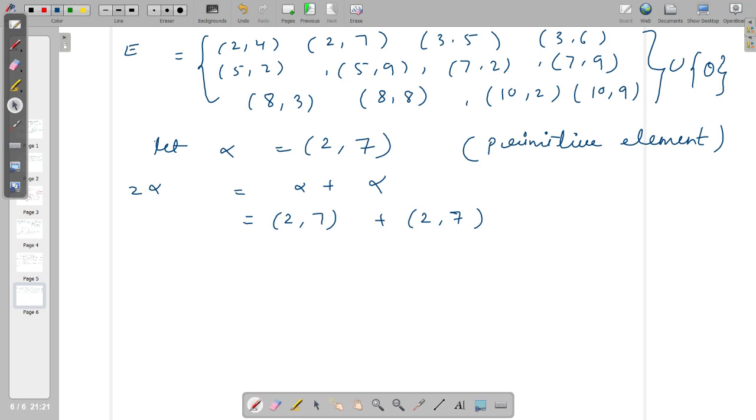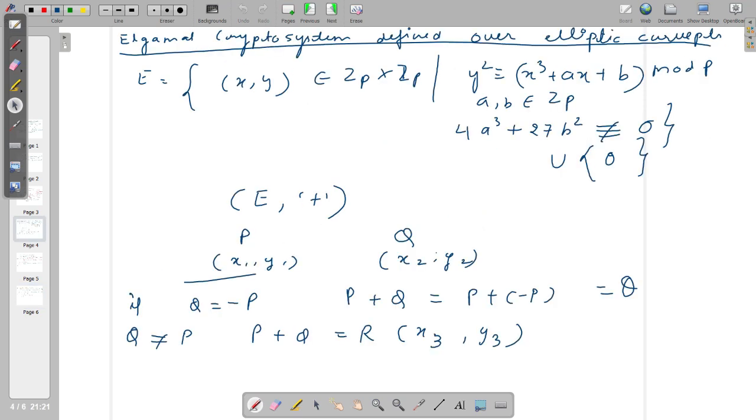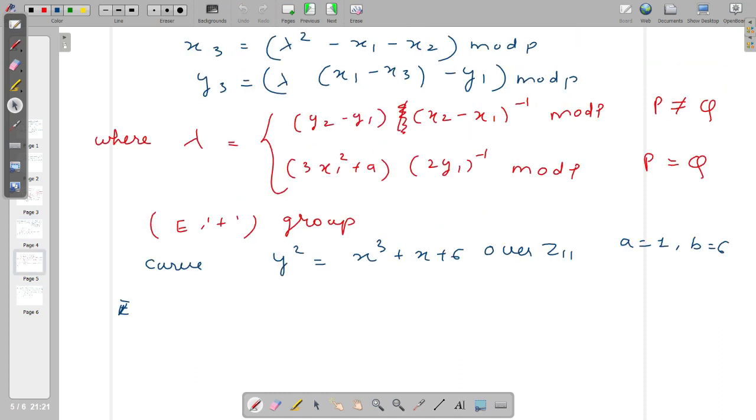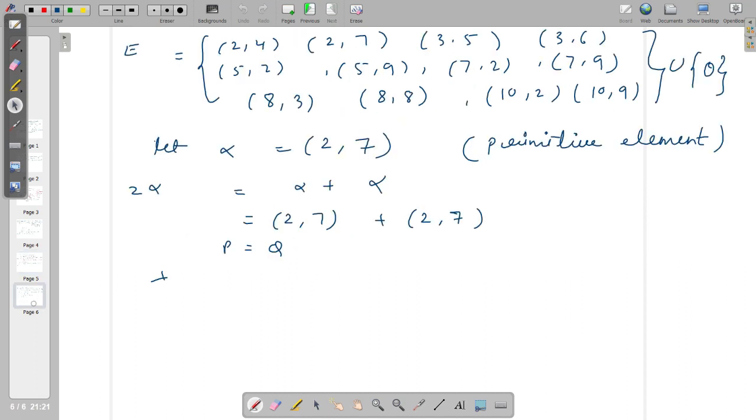So here if you see the case, p is equal to q. So if p is equal to q, what is the value of lambda? The value of lambda is (3x1 square plus a) times (2y1) inverse. So we say this is (x1, y1), this is (x2, y2). So lambda will be (3x1 square plus a) into (2y1) inverse mod 11.